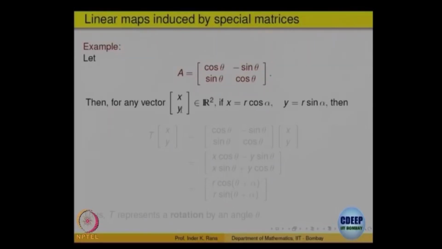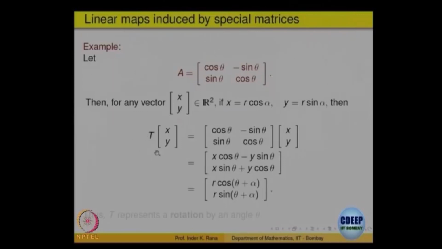Okay. So, when you compute T of (x, y), the image is the matrix multiplied by the vector. What was x? x was r cos alpha, y is r sin alpha. So, when you put these values, r cos alpha cos theta minus r sin alpha sin theta, and use the trigonometric identities, what is this? r cos of theta plus alpha, and the second entry is r sin of theta plus alpha.